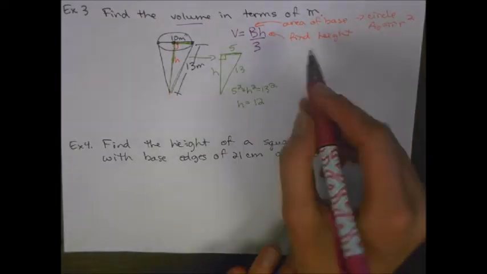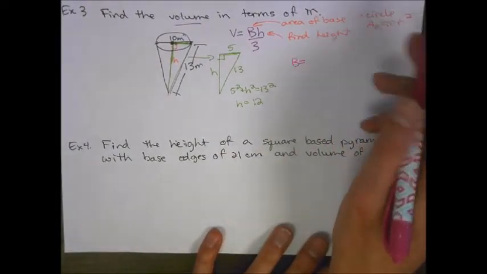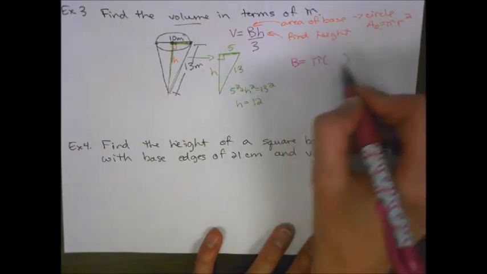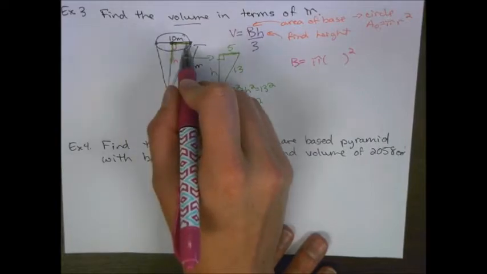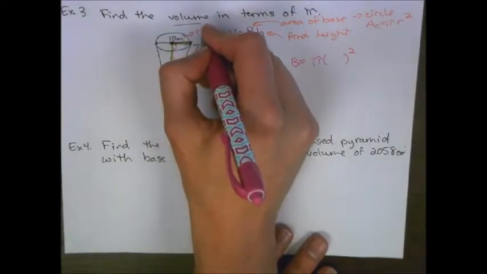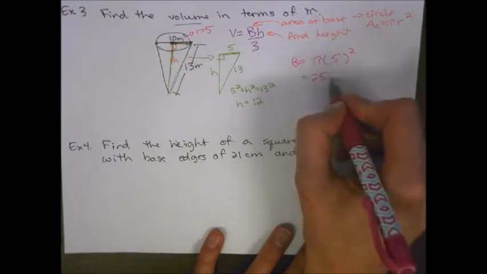Now we need to find the area of our base. Again, it's the area of a circle, pi r squared. Pi, look, what's my radius? I have the diameter is 10. My radius is 5, so that is 25 pi.